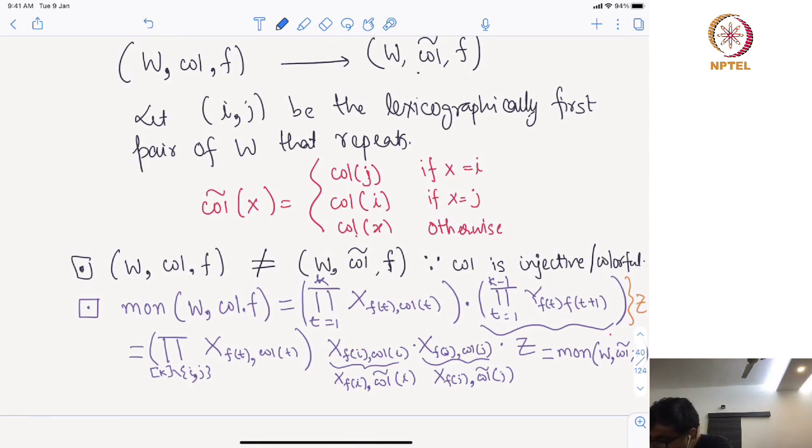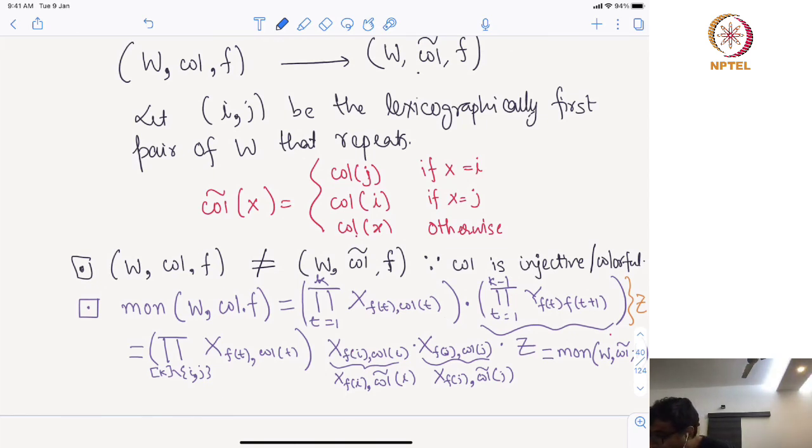Now from this, let's remove (i, j). Then we have x_{f(i), col(i)} and x_{f(j), col(j)}. But in the new one, you have to replace these with x_{f(i), col tilde(i)} and x_{f(j), col tilde(j)}.